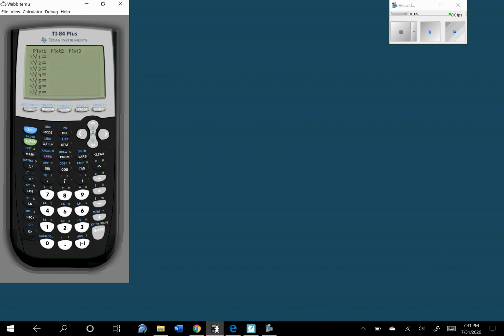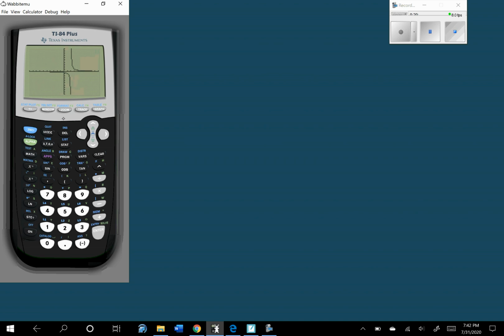So we have parentheses x plus 2 divided by, and then in our denominator we have x squared minus 4. And if I look at the graph, you'll be able to see there's a vertical asymptote right here at x equals 2, but notice there isn't another break in the graph that we can see.